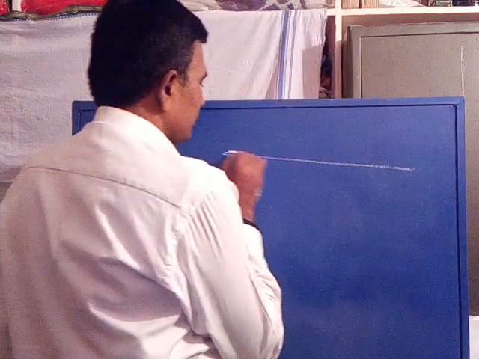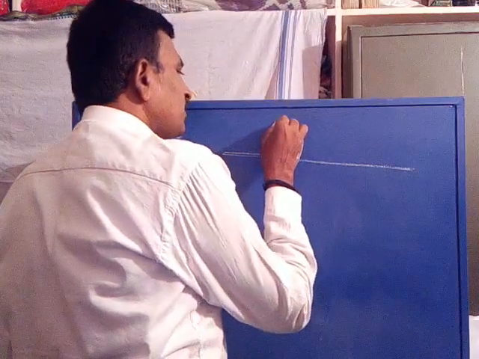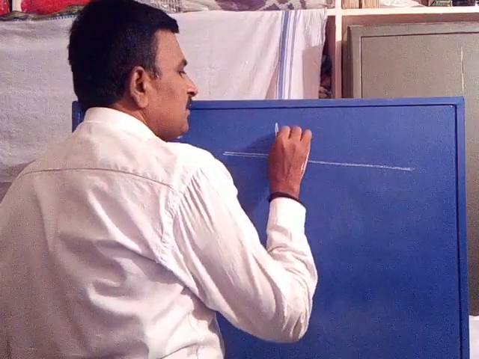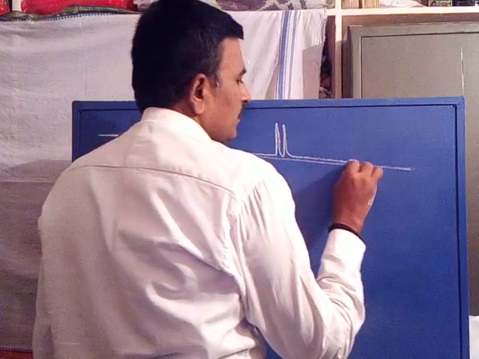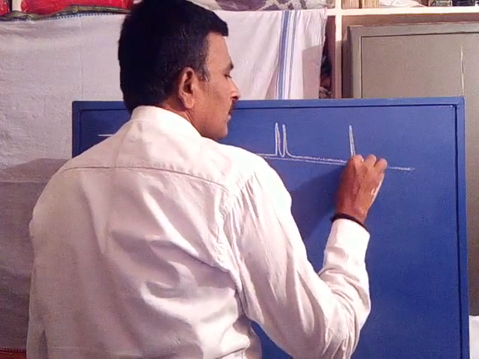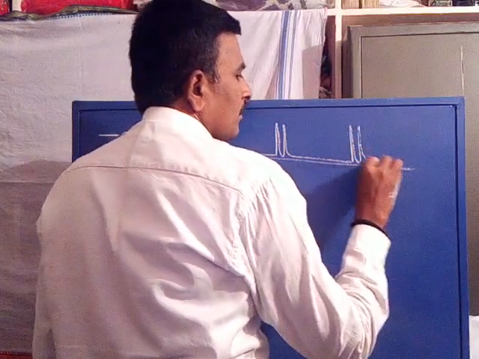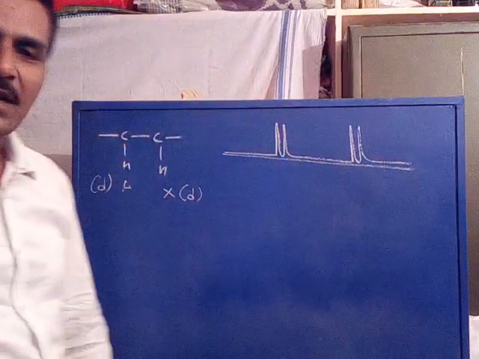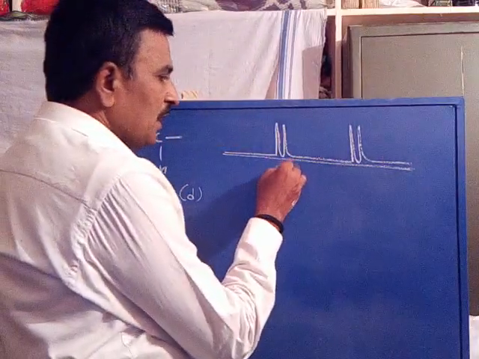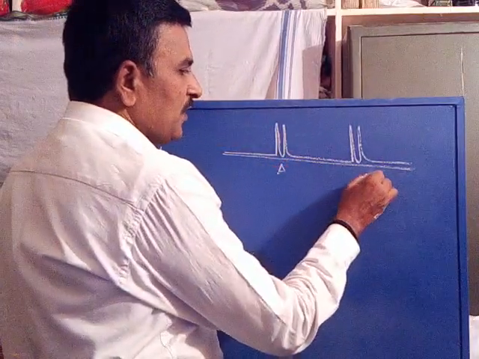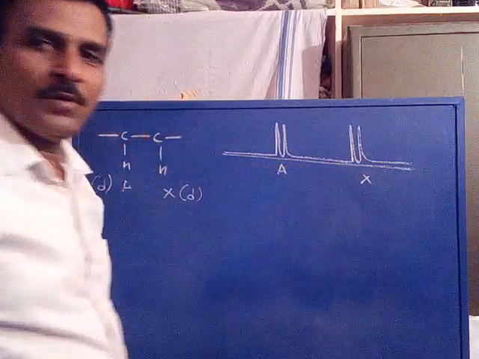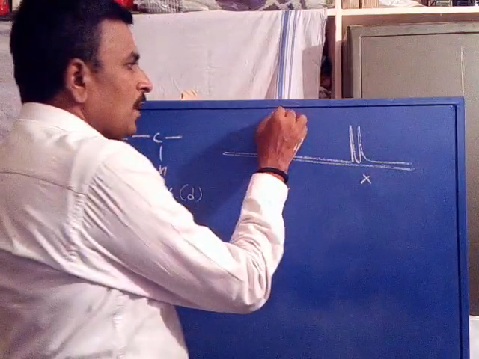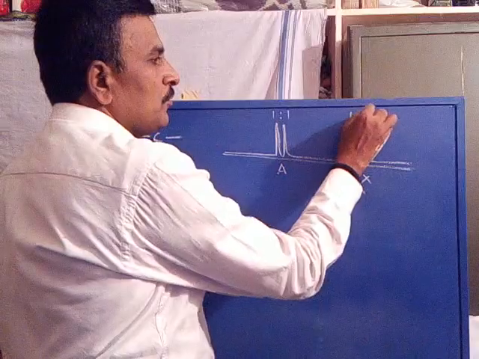Now the NMR spectrum consists of two doublet signals, one signal corresponding to the A proton and one signal corresponding to the X proton, 1:1, 1:1.